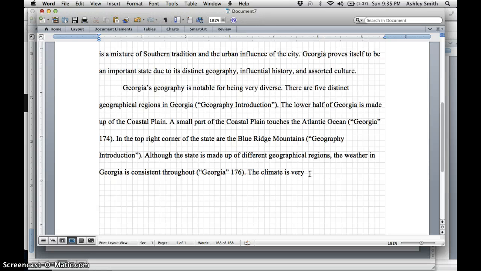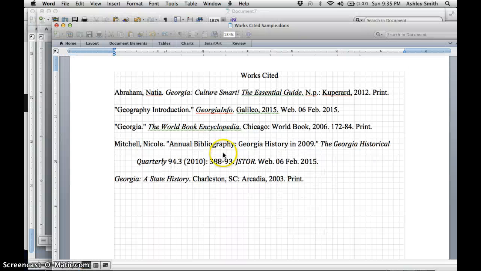The climate is very humid. Okay, climate's very humid. Most areas receive an average of 49.74 inches per year. Now, how do I cite this? Go to your works cited page, and I know it was the article by Nicole Mitchell.